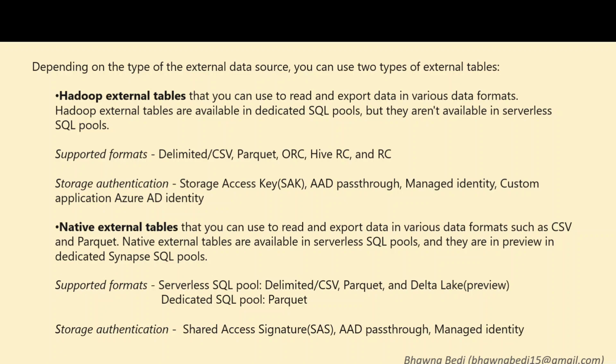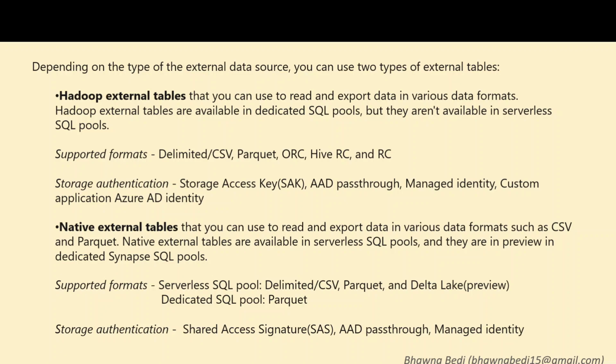Also, Hadoop external tables work only in dedicated SQL pool. They are not available in serverless SQL pool right now. But when you talk about native external tables, they are available both in serverless SQL pool as well as dedicated SQL pool. So this is a major difference between both of them that we all need to be aware of. Because Hadoop ones we can only create in dedicated SQL pool for now, right?